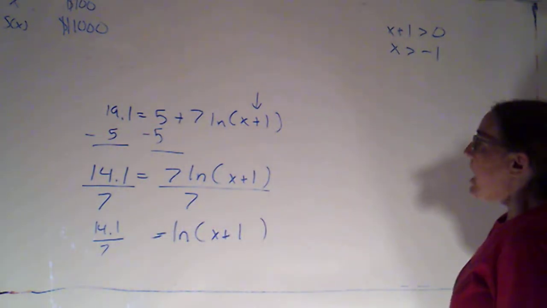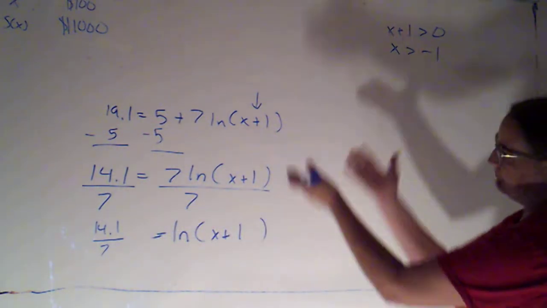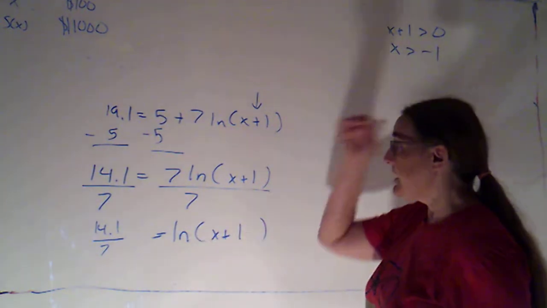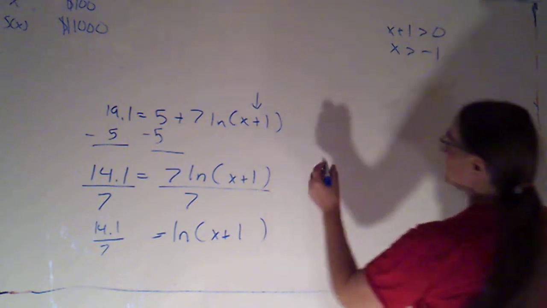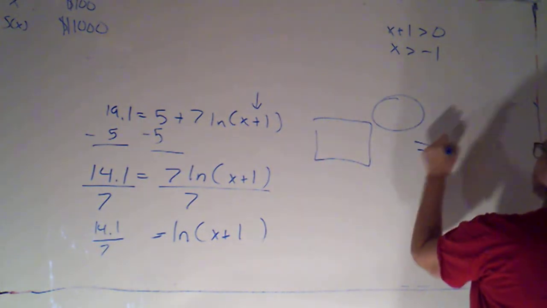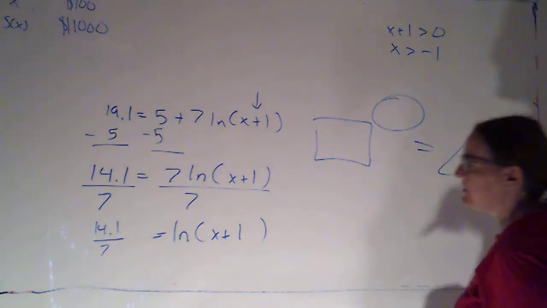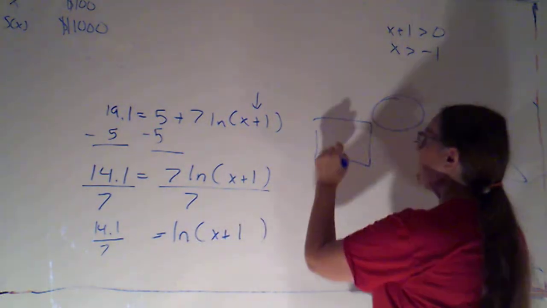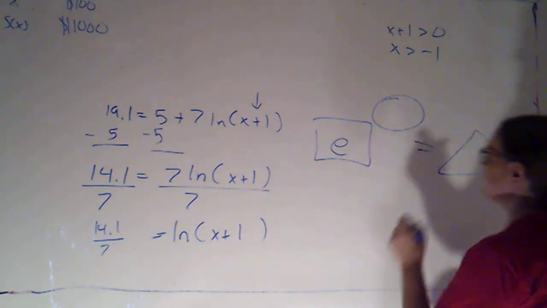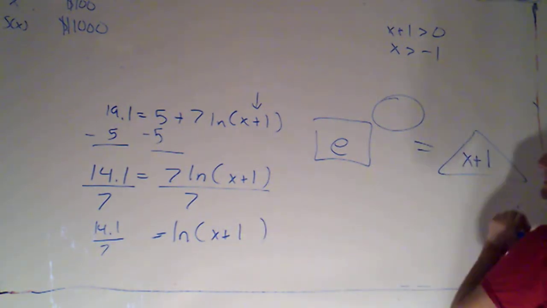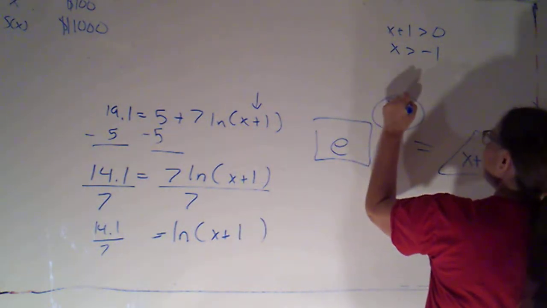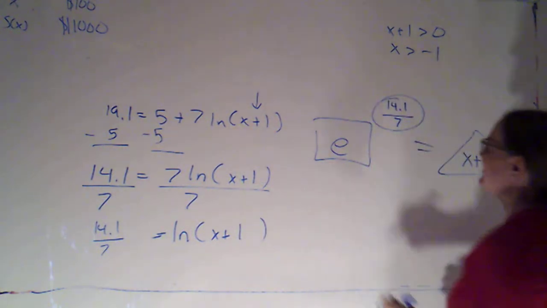All right, so now I can actually solve. I'm just going to rewrite this in exponential form. So we'll have a base, an exponent, and a result. The exponent I need when e is my base to get x plus 1 is this lovely exponent, 14.1 over 7.